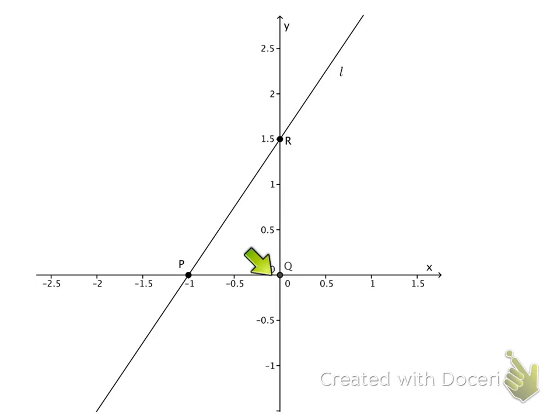The point P would be over to the left of it for this type of line. And my slope is the value of the y coordinate of point R. So my slope in this case, m, is equal to 1.5.